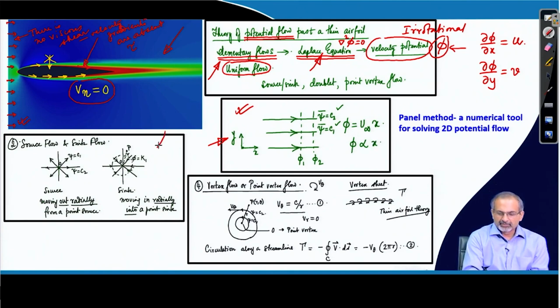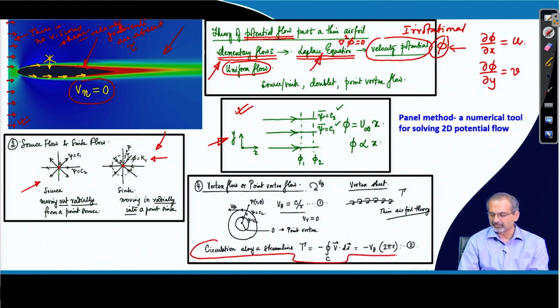What about other elementary flows? We learned about source flow and sink flow. We learned about the stream function expressions or the phi for such flows, and then we learned about the point vortex flow or vortex flow, and for the first time we saw the presence of circulation.